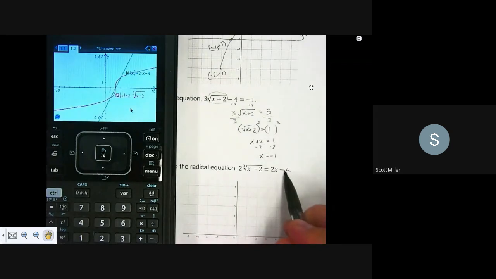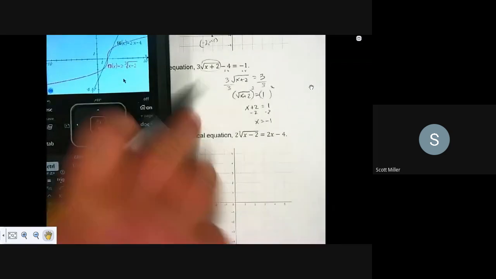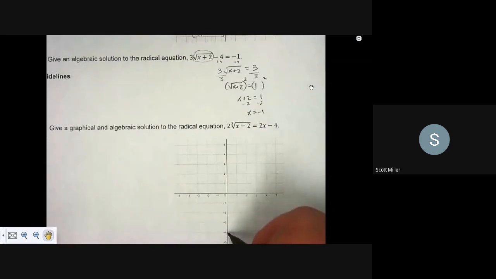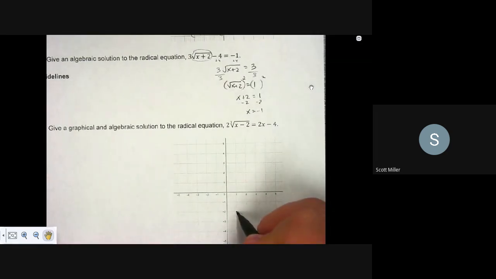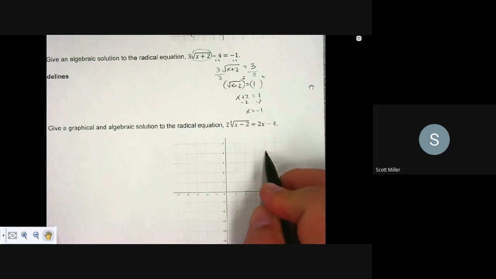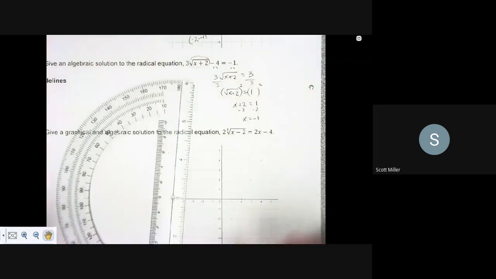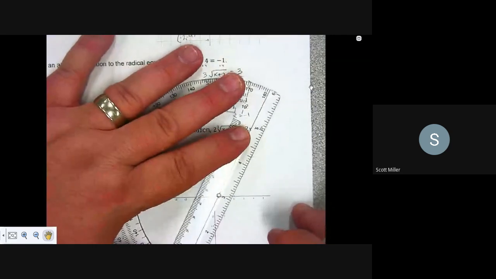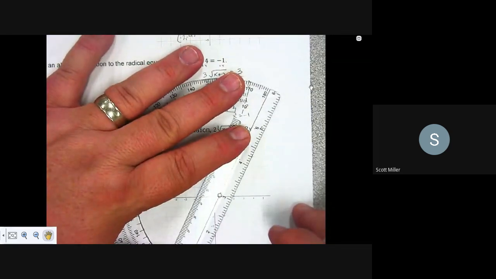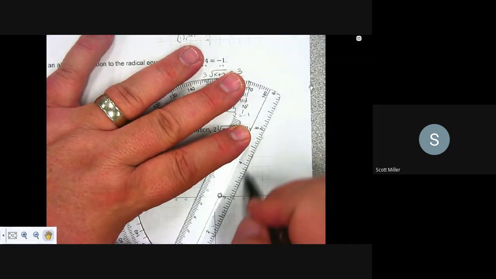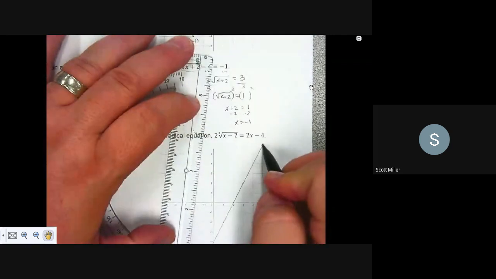Slope of 2, y-intercept of -4. So I have a dot here, and then a slope of 2, which means I go up 2 over 1, up 2 over 1, and I can just keep on doing that all the way. And then I can draw that line. Be careful, just be nice and neat as much as possible.